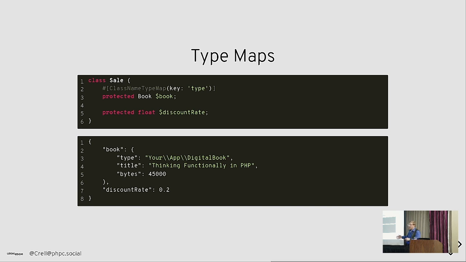So the simplest way to do it is you specify a class name type map and give it a key. And then the actual class that this is, when you serialize it, will get written out as that type. And then when you deserialize, it will strip this value off and use that as the class name. Really simple, not necessarily really useful because it's a PHP class name, but really simple.